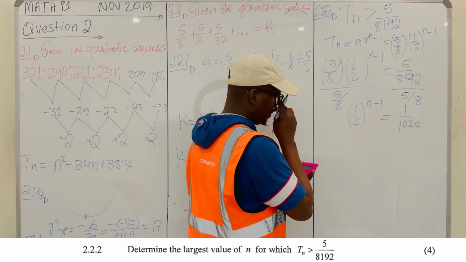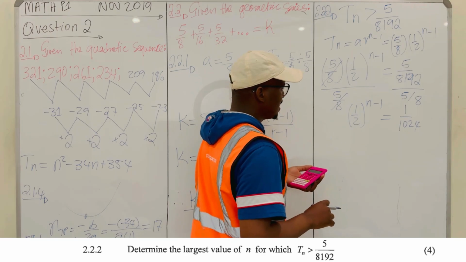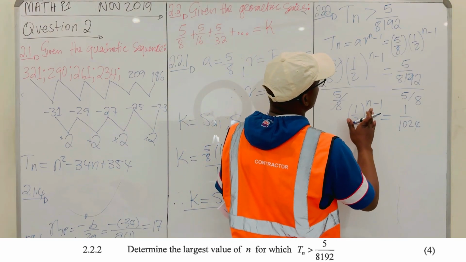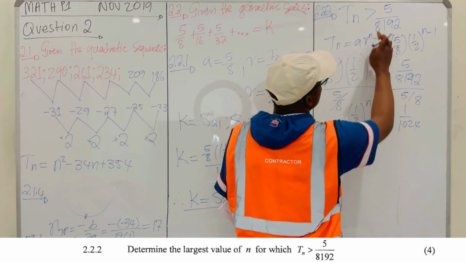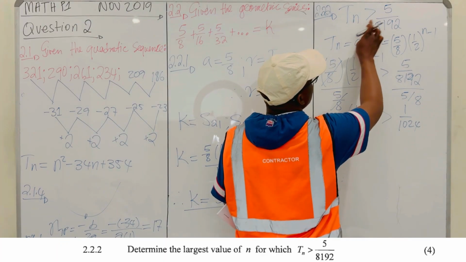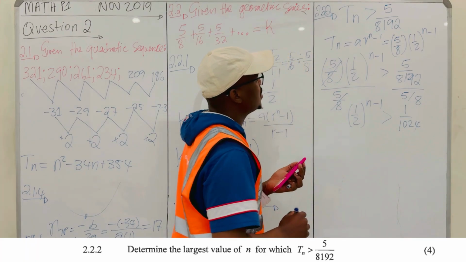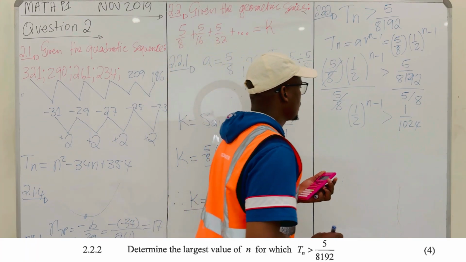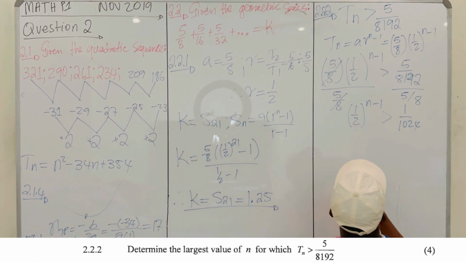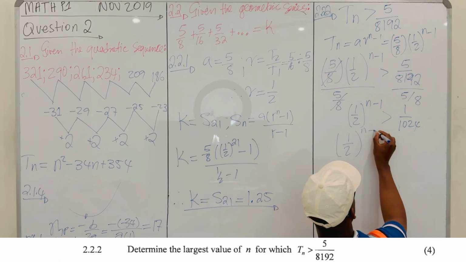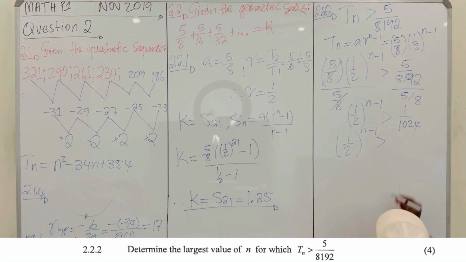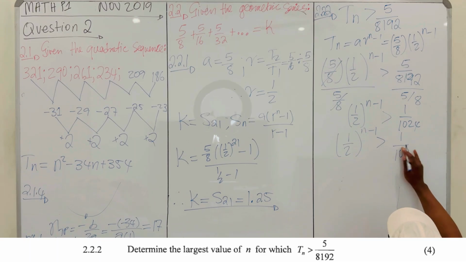But in this case, it shouldn't be equal to, because we want Tn to be greater than that, so it should be greater here, not equal to. So we have 1 over 2 raised n minus 1 is greater than 1 over 1024, and 1024 is 2 raised 10.